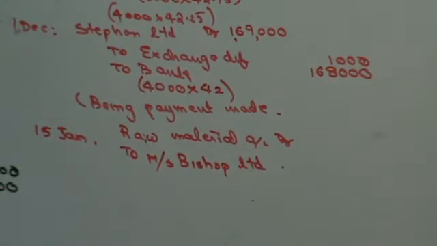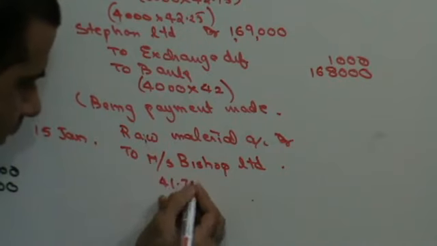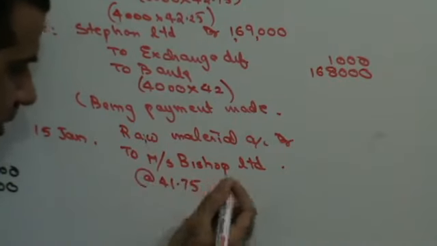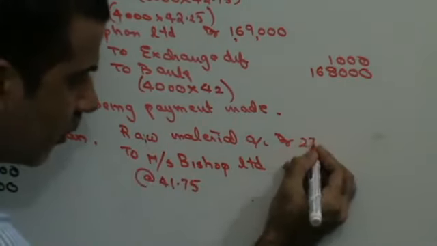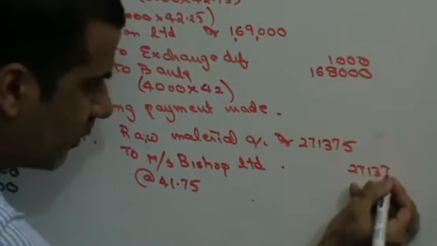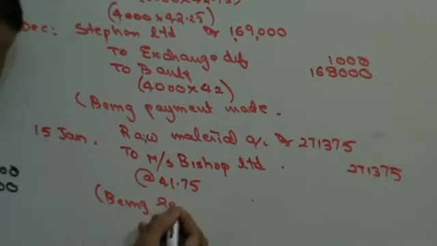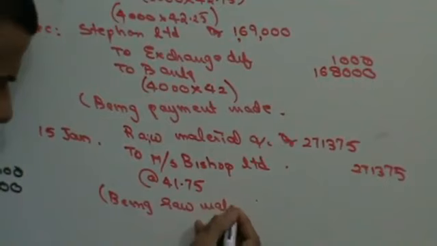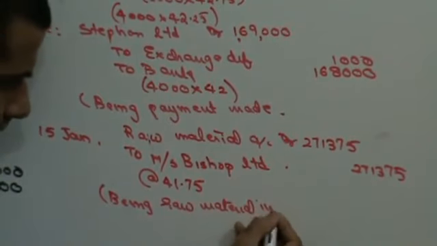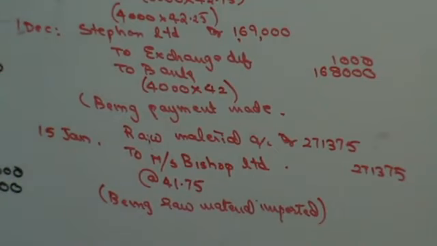You imported goods of $6,500 on 15th Jan at the rate of 41.75. How much is this? 2,71,375, being raw material imported.